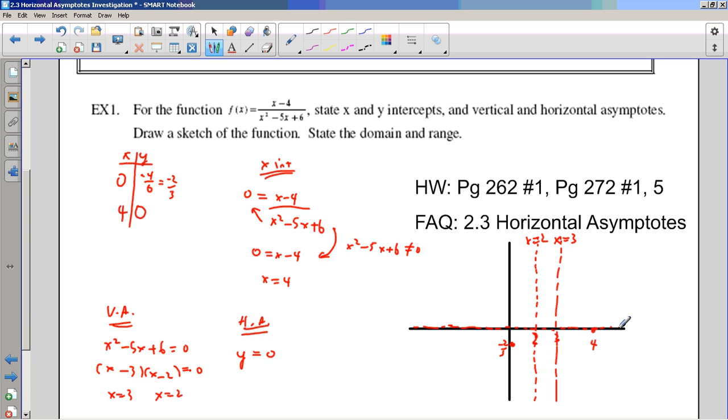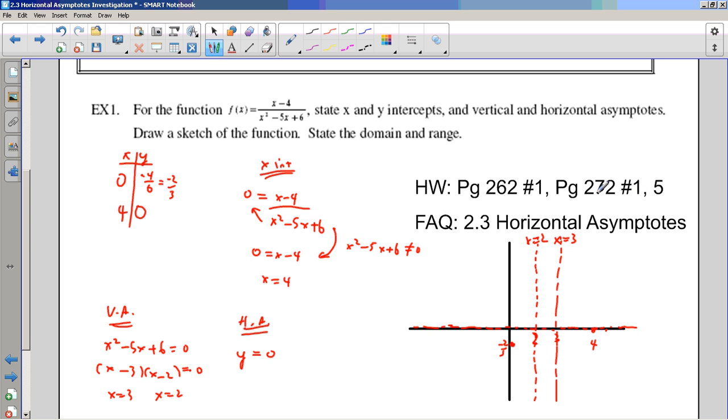This is surprising. I thought the graph wasn't allowed to touch asymptotes. It's not allowed to touch vertical asymptotes. Horizontal asymptotes are, remember, long-term behavior. Way off on the left and way off on the right are the long-term behavior, the horizontal asymptotes. So that is a little bit surprising, but still true.